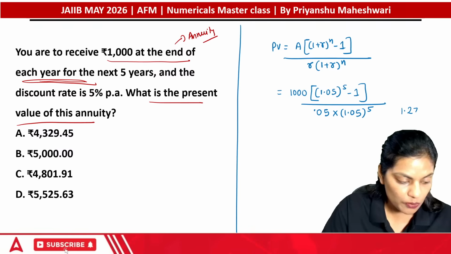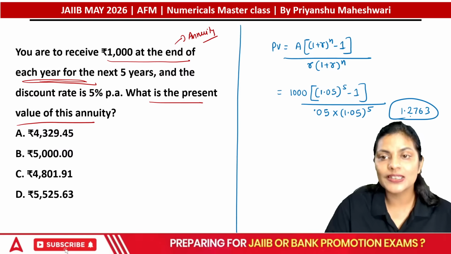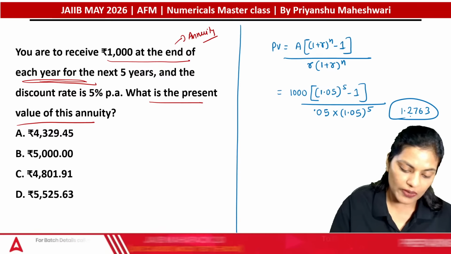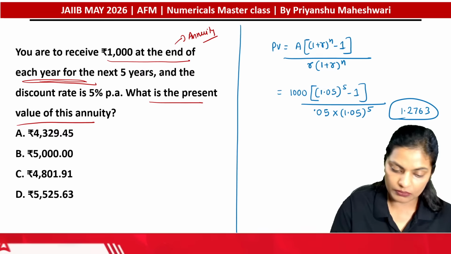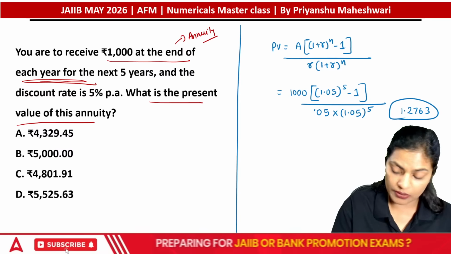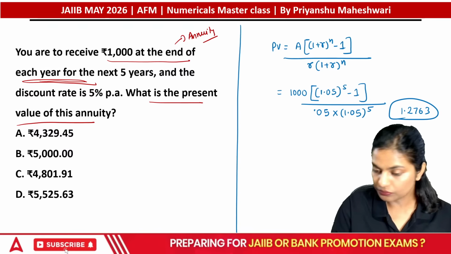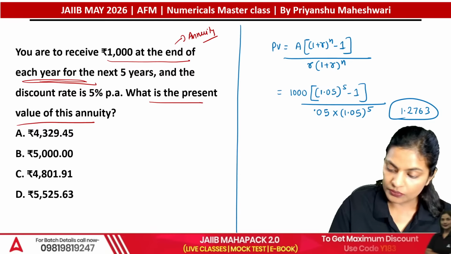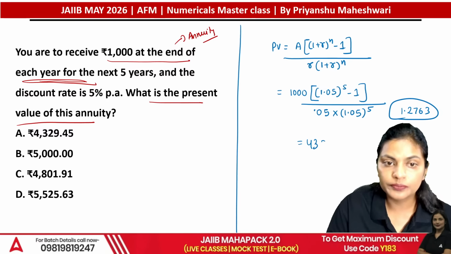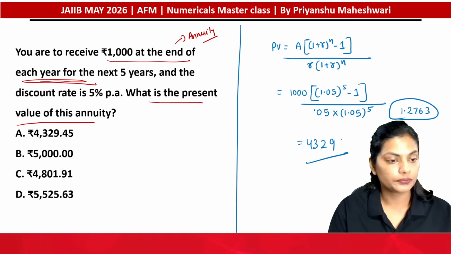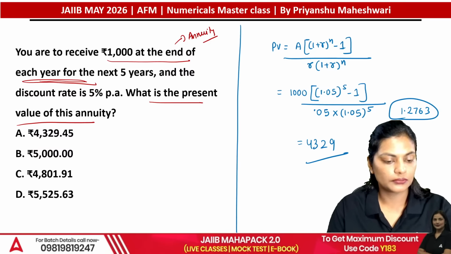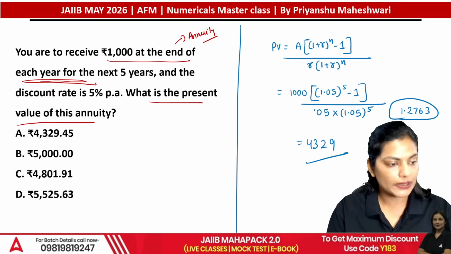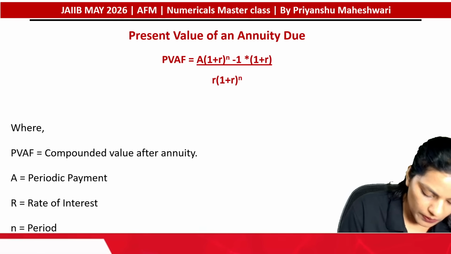So 1.2763. I do it so that it is easy for me. Though there are other ways also to retain it, but let's just simplify it. Is it coming 4329? Is it clear? Let's move to the next one.